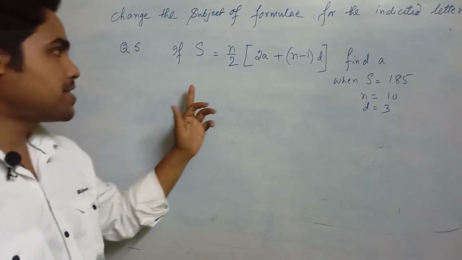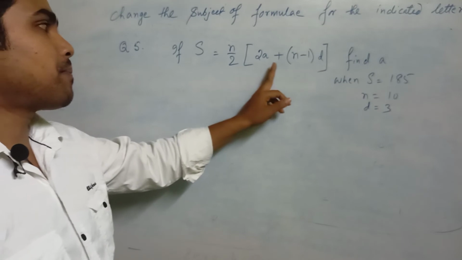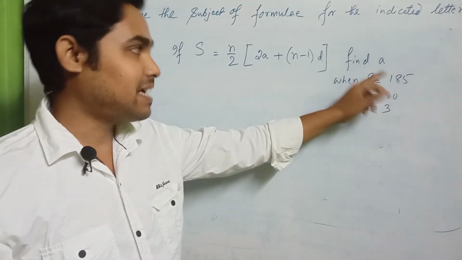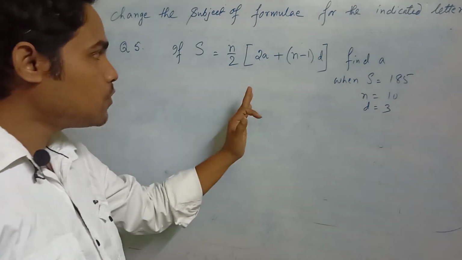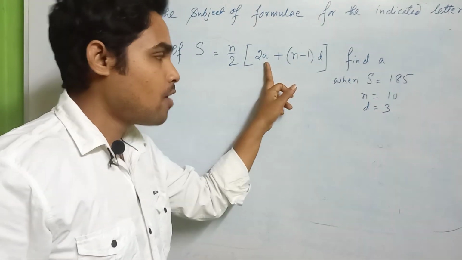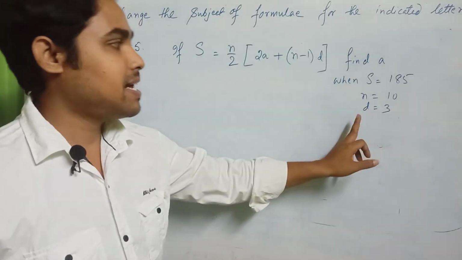Now our next question is S equal to n by 2 into 2a plus n minus 1 d, find a. From this equation or from this formula, we have to find out the value of a when S equal to 185, N equal to 10 and D equal to 3.